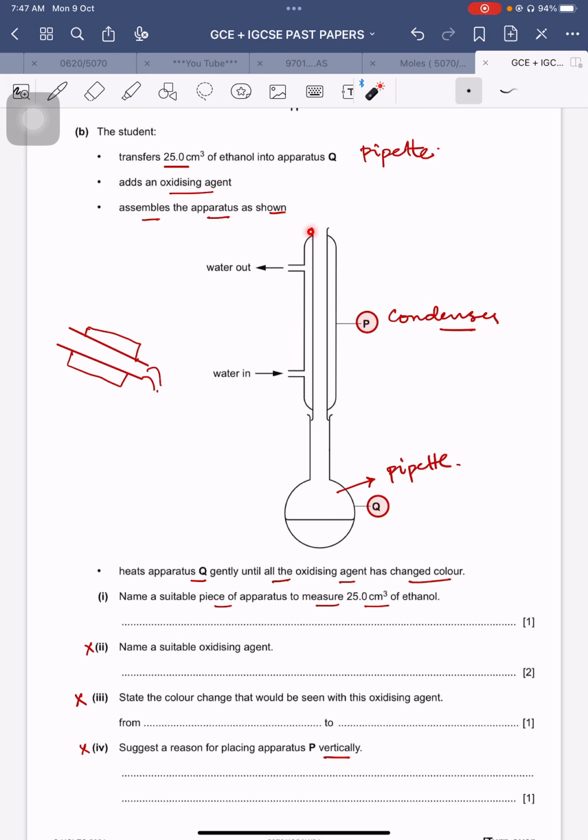But here, if we are using this vertical condenser, it is particularly used so that the unreacted substances may be sent back to Q so that they may react completely. Okay. So this is the purpose of the vertical condenser.